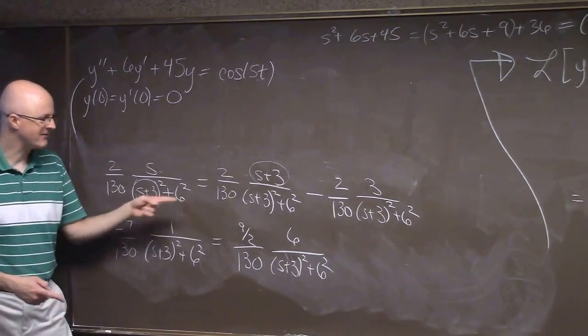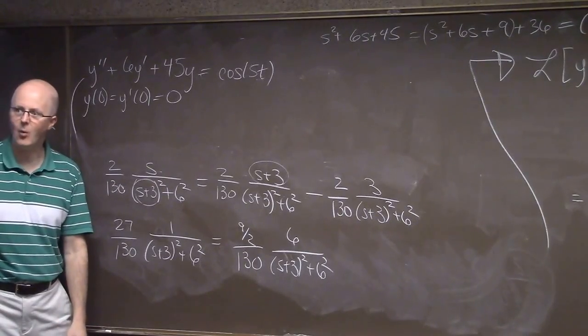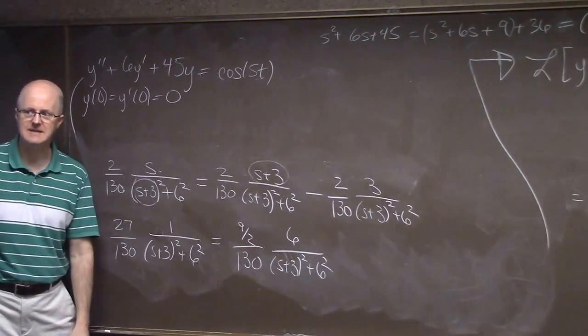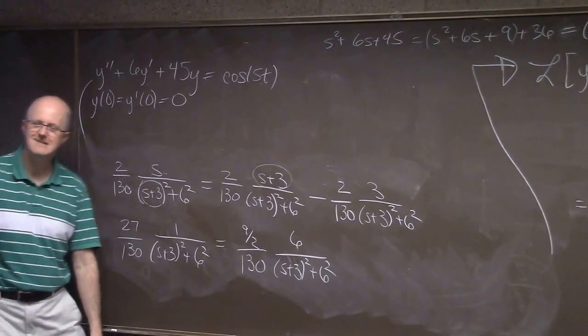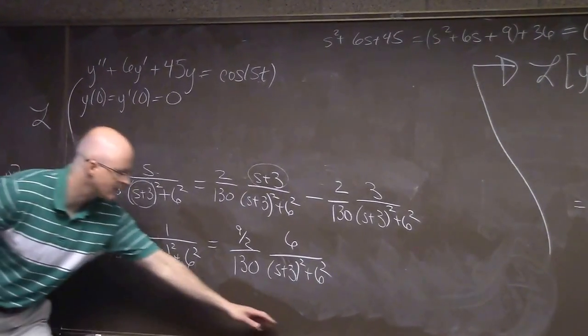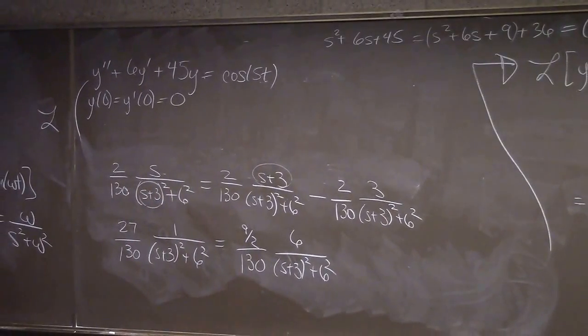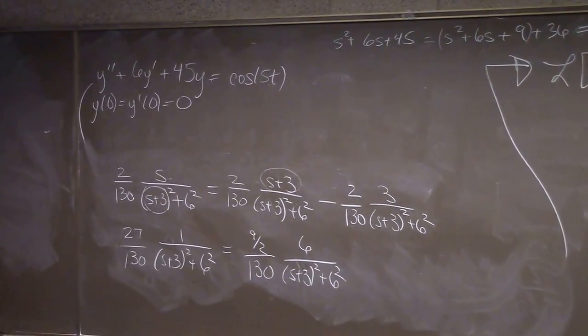Now I claim I can find the inverse Laplace transform of these things pretty easily, though I do need one more fact. I think this is the final new fact of the entire semester. Maybe. Might have some new facts on Wednesday.